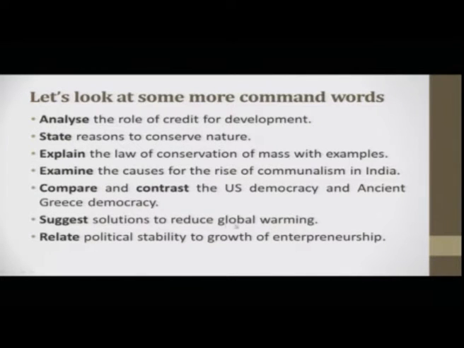Suggest solutions to reduce global warming. Relate political stability to growth of entrepreneurship. The words in bold, as you can see, are command words. Let us very quickly look at what these mean.